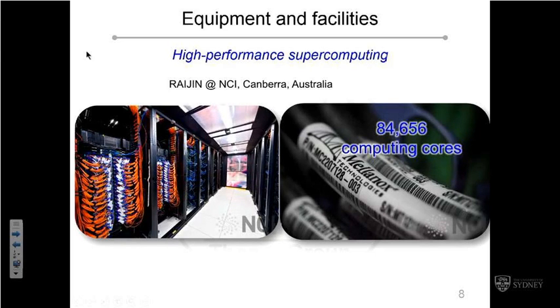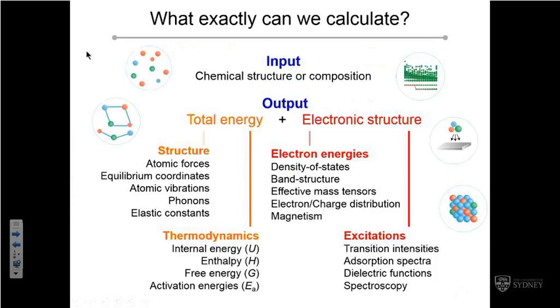Okay, so a little bit again, what do we input and what do we output in general? We input the structure of the material. We have to tell the system where the atoms are. What we get out, as I said before, is the electronic structure. You've met this before: density of states, band structure, effective mass, electron charge distribution. We didn't talk about that, but you can get that out.